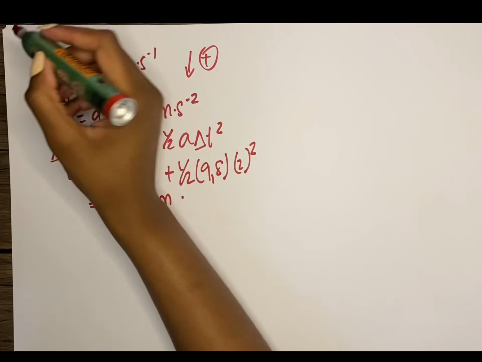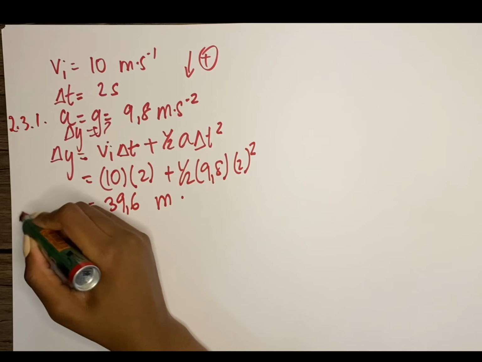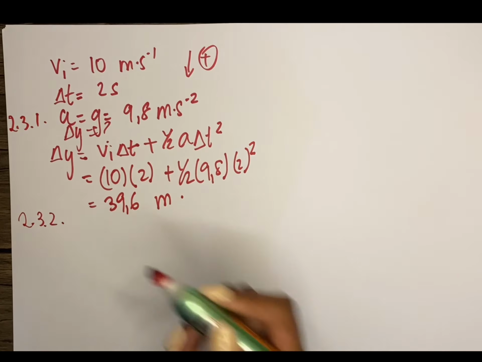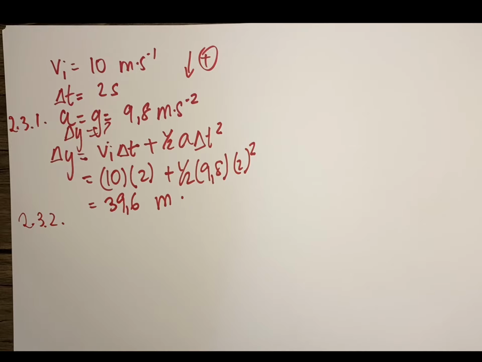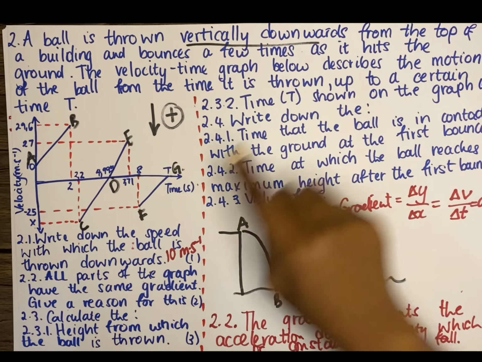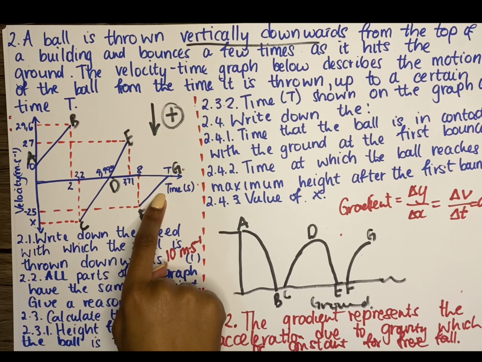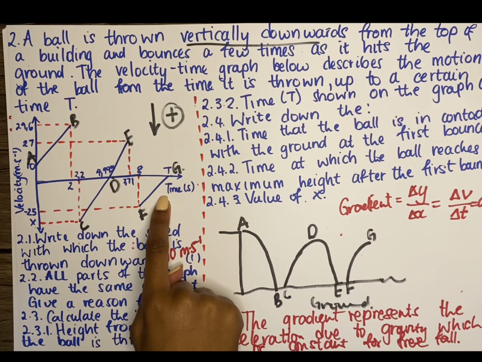Then the next question, this is 2.3.2. Calculate the time t shown on the graph. I'm going to bring it back. If you look at the time t, it's the time for the entire motion of the ball that is represented here, right?